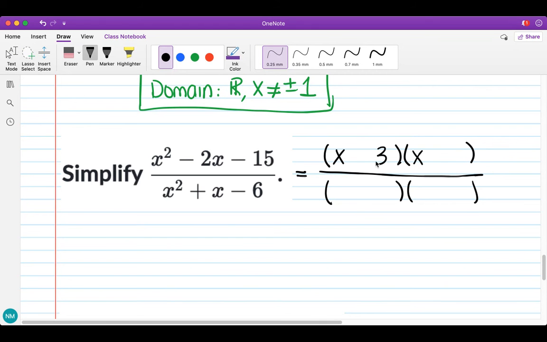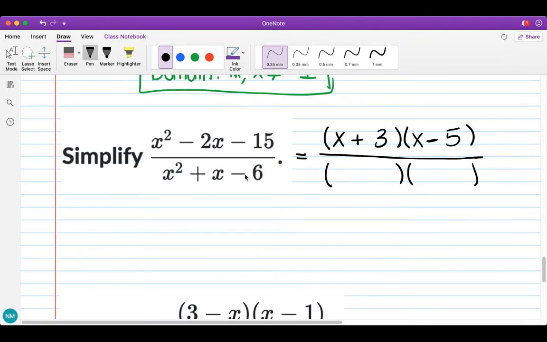One's going to be negative and one positive. So minus 5 plus 3: negative 5 plus 3 is negative 2, and negative 5 times 3 is negative 15. And same concept here. It's negative, so one's going to be positive, one's going to be negative, and it's going to be 2 and 3. So plus 3, minus 2.